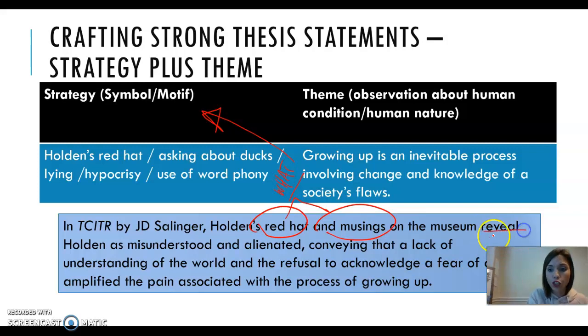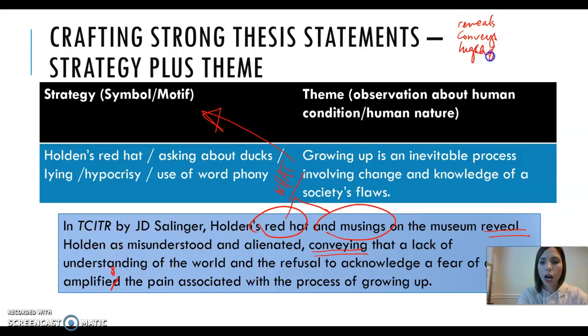Well, they reveal that Holden is misunderstood and alienated, conveying, ooh, that's a nice word, a lack of understanding about the world and a refusal to acknowledge, amplifies, it should be an S, amplifies the pain of growing up. Notice these verbs, reveals, conveys, we might even add, highlights, amplifies was good too.